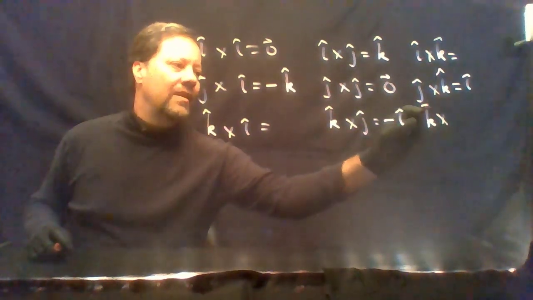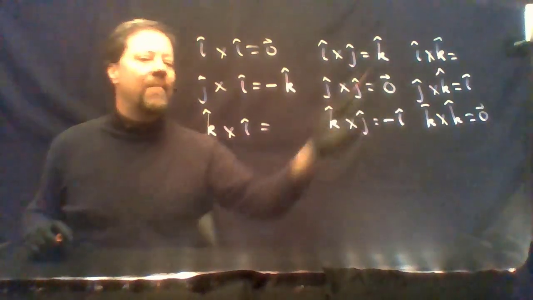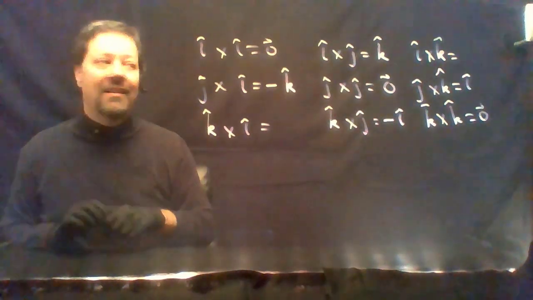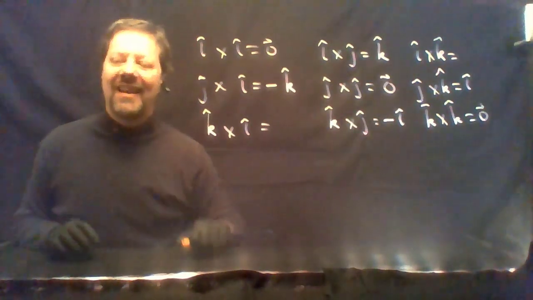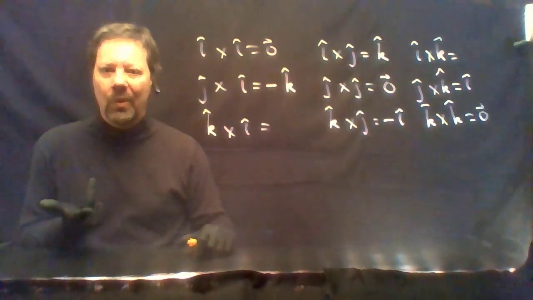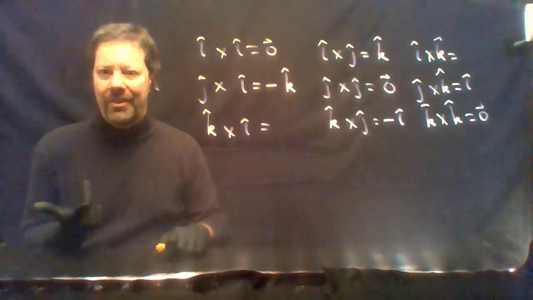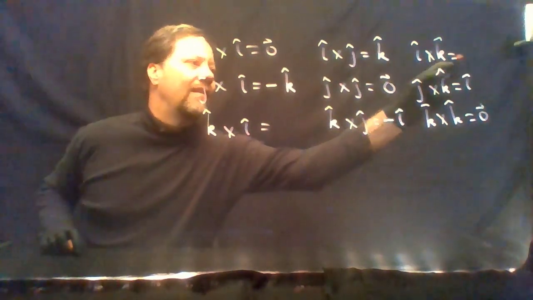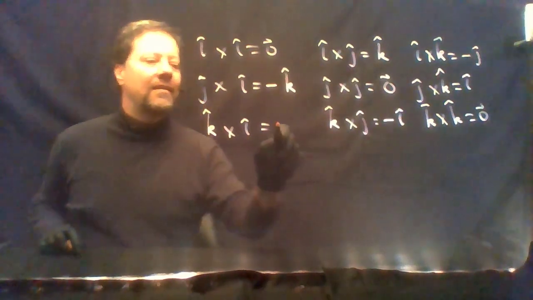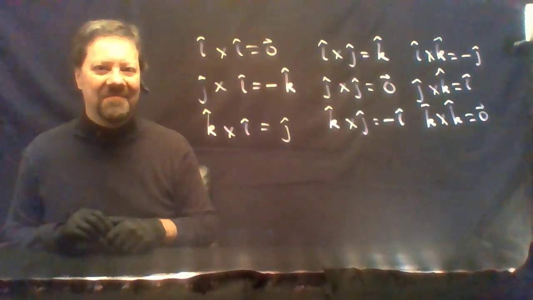And of course, k cross k is the zero vector. We only have to figure out i cross k. Well, if you use the right-hand rule, i cross k should be minus j. And so k cross i will be positive j.